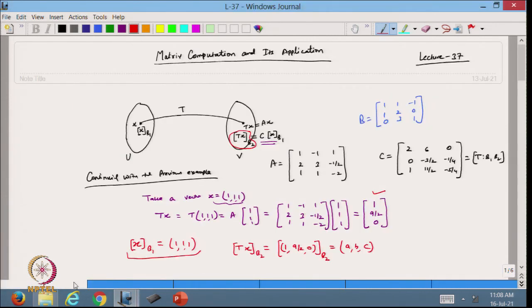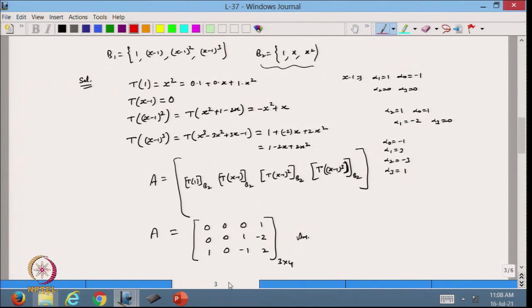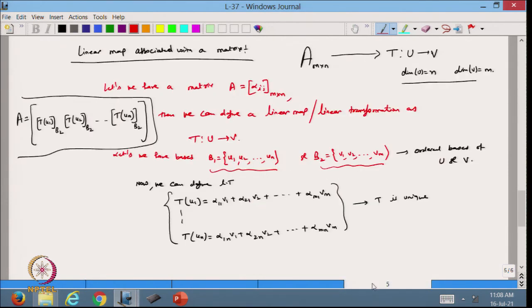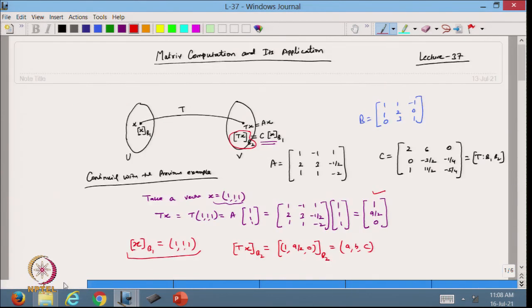Let me check how we have written it. So, here I am writing with the C matrix. Let us check that one. Okay.